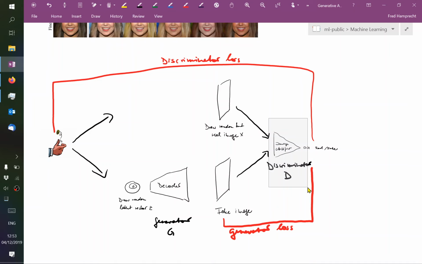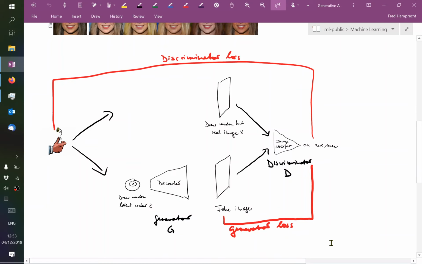But with backprop, we can ask, how would I need to change the fake image in order to maybe let the discriminator think it could perhaps be a real image? So we propagate gradient from the discriminator to find out what the fake image would need to look like. And from that, we propagate further and ask, how do we need to change the parameters of the generator such that it produces a better looking fake image?